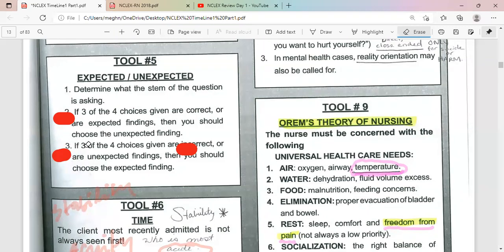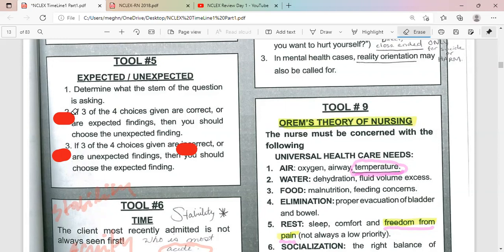Number 3, they said if 3 of the 4 choices given are incorrect or are unexpected findings, then you should choose the expected finding. Let me explain one more time.